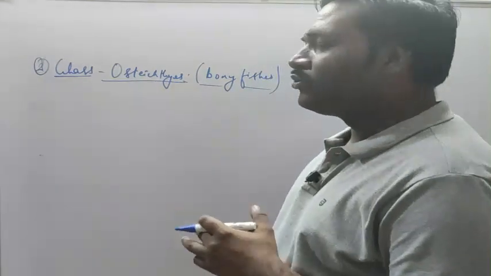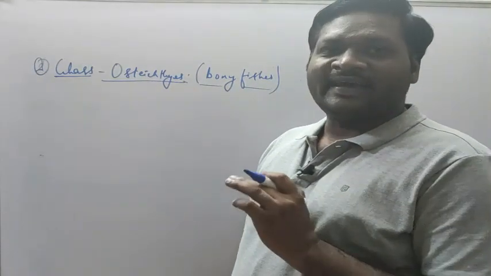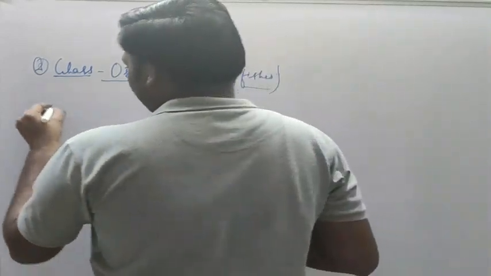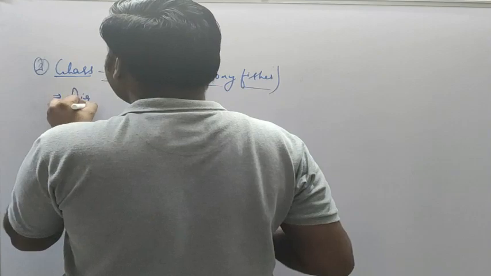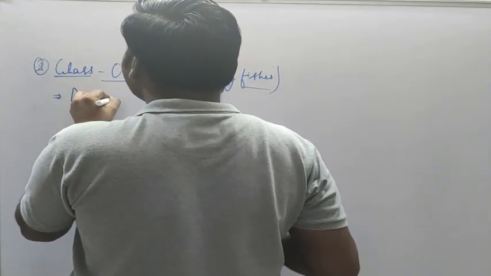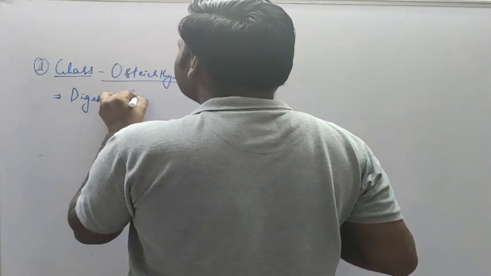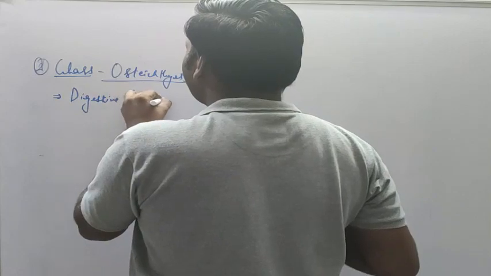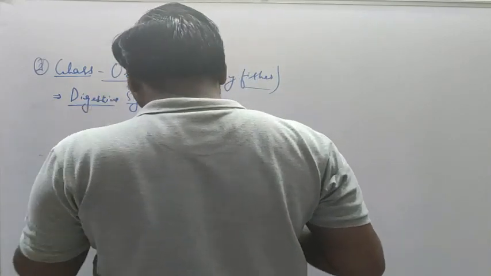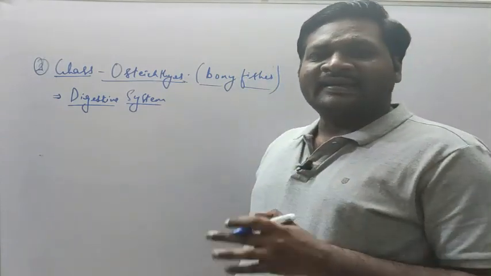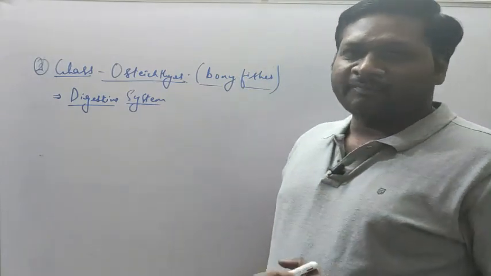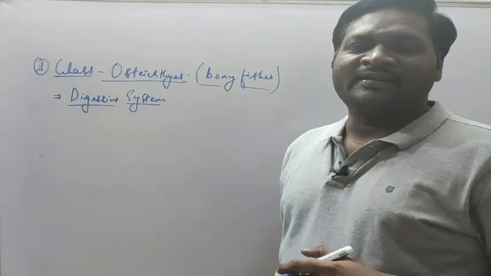So next that we are going to discuss after mouth is the digestive system. In case of bony fishes, the digestive system is complete and it consists of a separate opening, which is not seen in case of cartilaginous fishes.